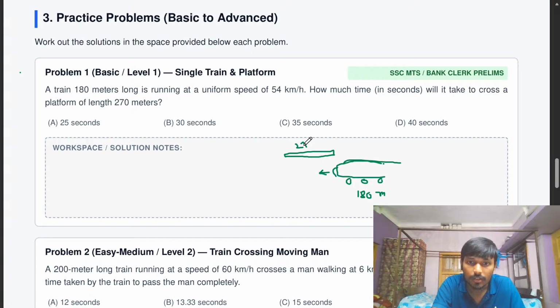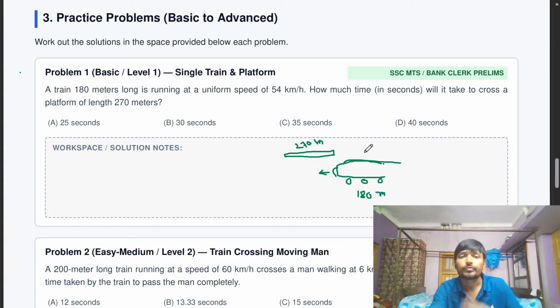If we draw this picture, or if we can imagine this scenario, then we can easily solve this question. Okay. So the length of the train is 180 meters, and the length of the platform is 270 meters.